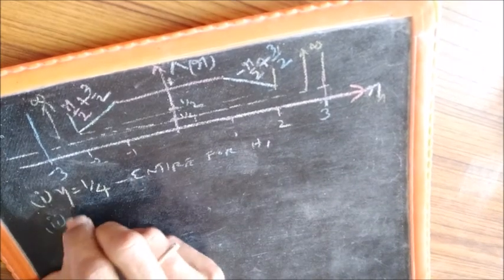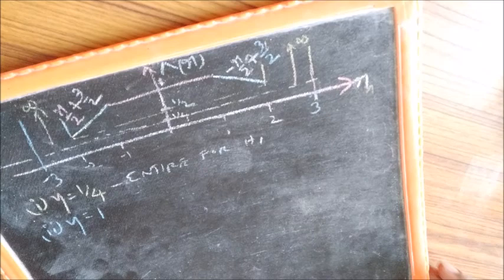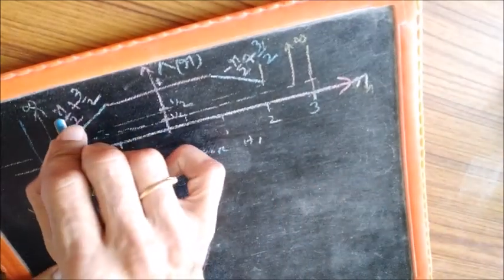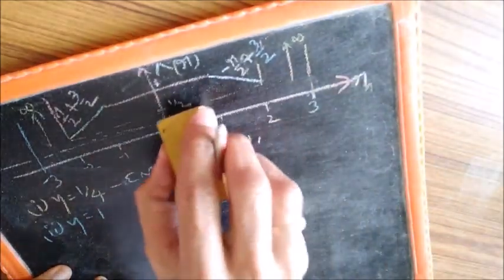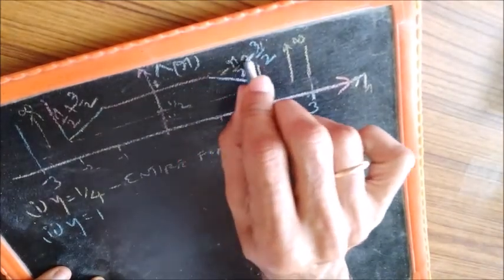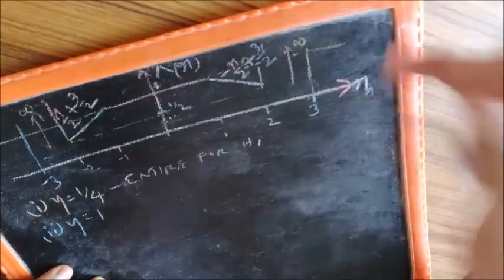when eta equal to 1, something interesting happens. When eta is equal to 1, this is your eta, and you are comparing the likelihood ratio with 1.